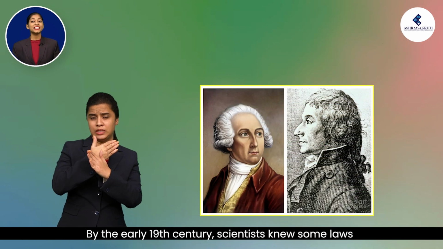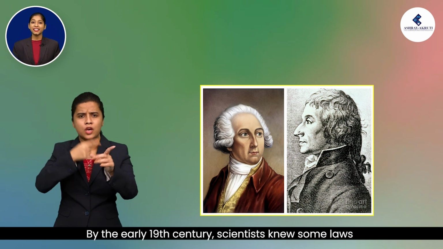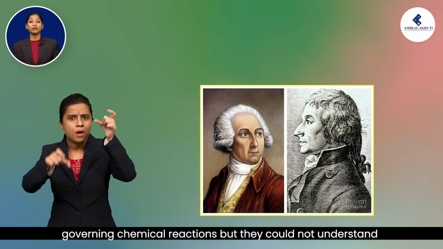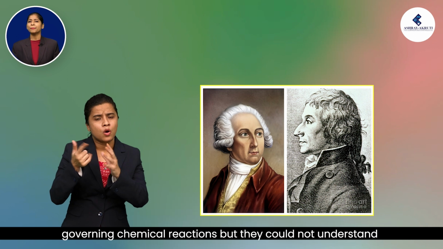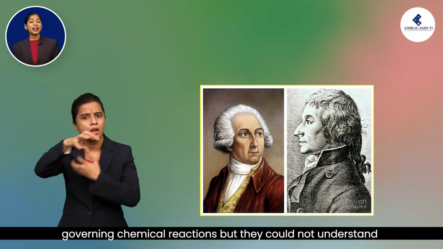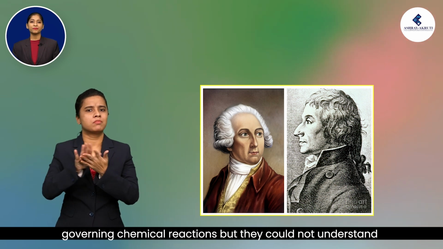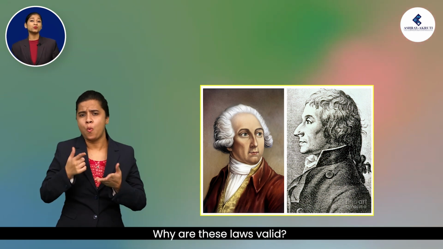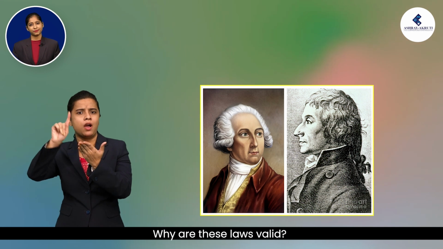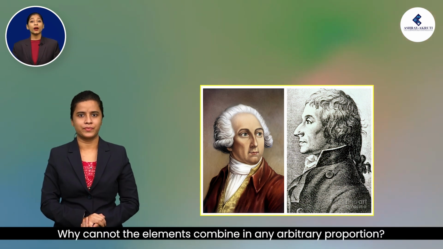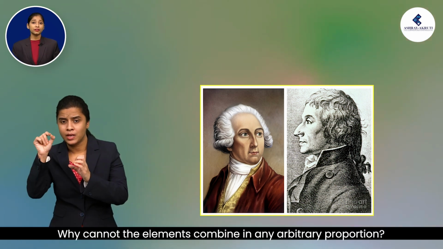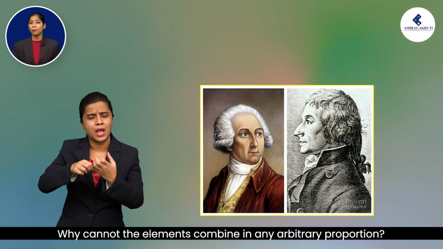By the early 19th century, the scientists knew some laws governing chemical reactions, but they could not understand why these laws are valid. Why cannot the elements combine in any arbitrary proportion?